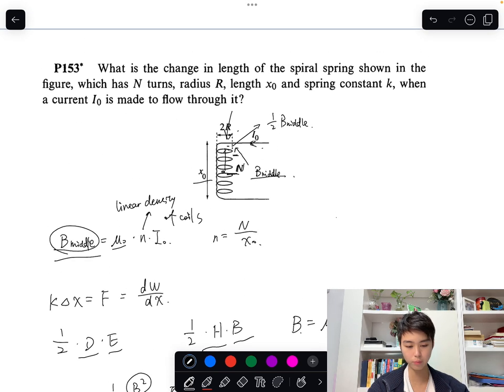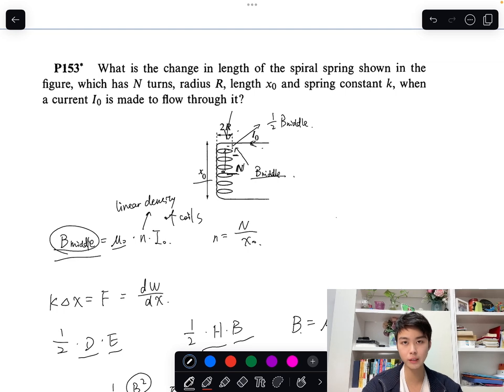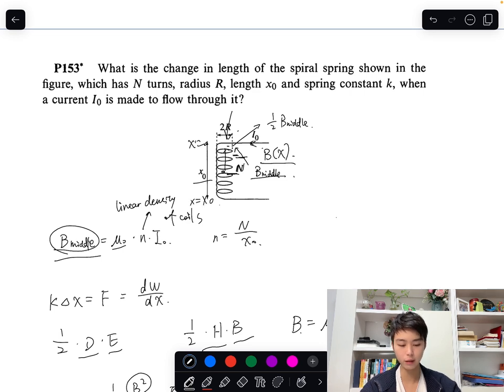There are a lot of mistakes you could make when solving this problem. The first one is trying to figure out the magnetic flux density Bx. We can set x equals 0 and use integration, but this is very hard, needs a lot of calculation, and you don't know if you can get it right.